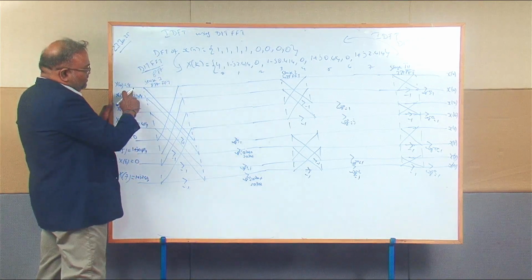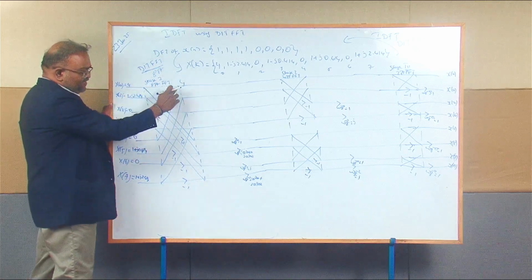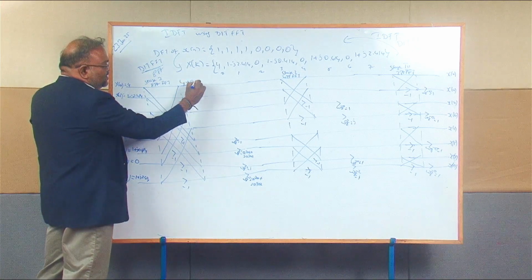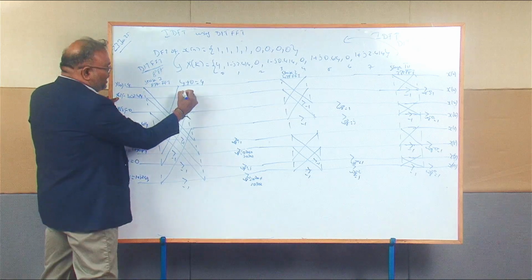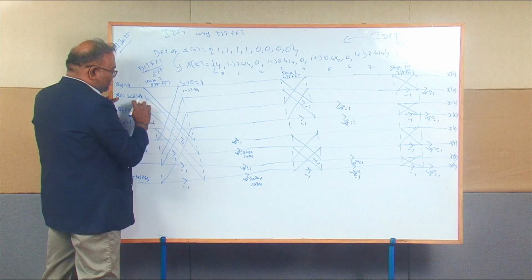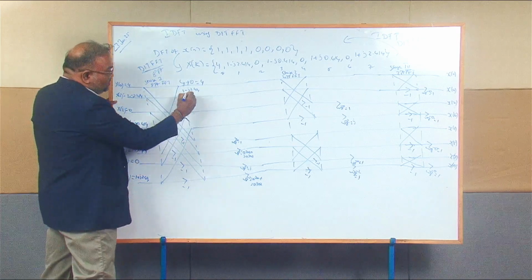So, the first signal here is 4, the second signal, if you track the diagram, is 0. So, 4 plus 0 equals 4. Second one: 1 minus j2.414 is the signal here, and by tracking, the next signal is plus here.